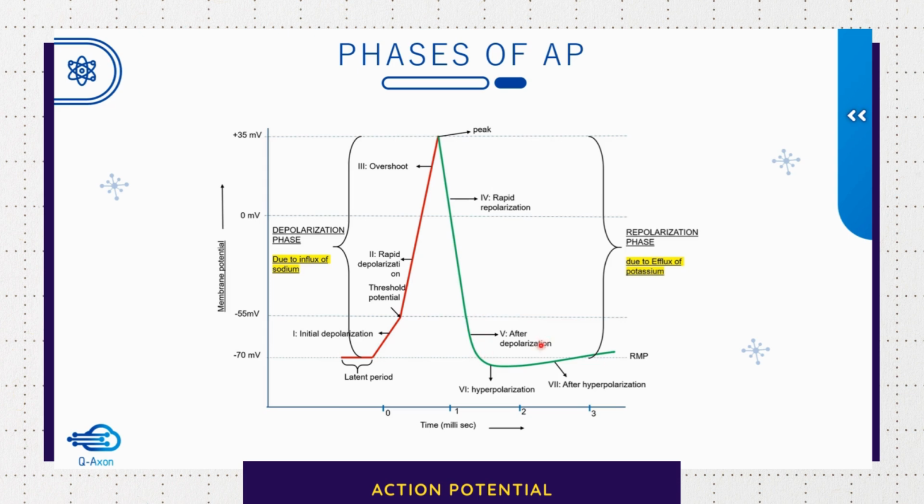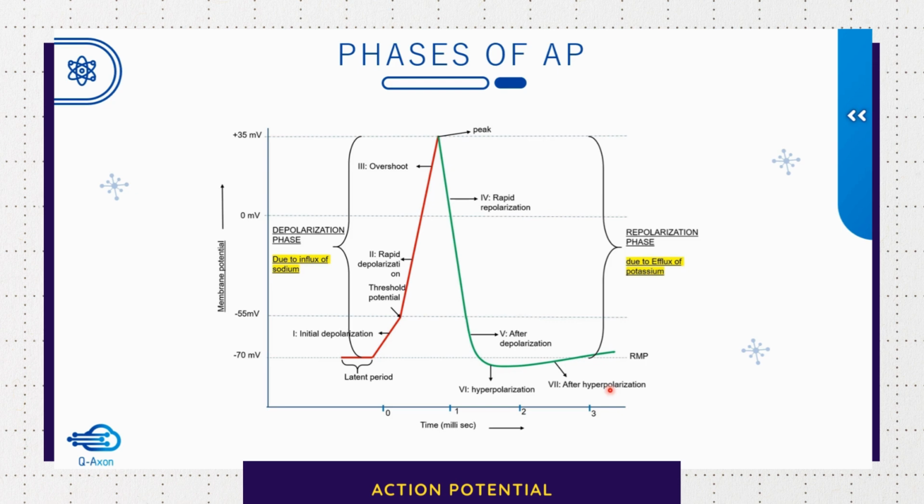Now what happens is it doesn't stop there. The potential goes down further to about minus 90 millivolt. So that drop below the resting membrane potential is called hyperpolarization. And finally, it rises again to reach the resting membrane potential. So this rise is called after hyperpolarization.